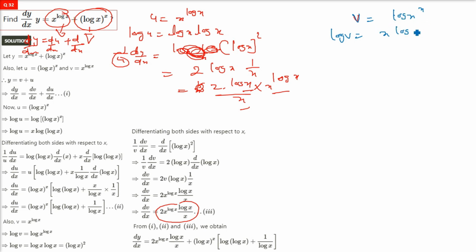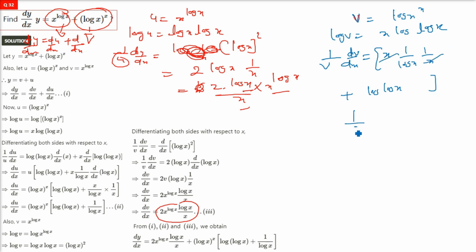This is 1 by v dv by dx is equal to the differentiation of this. So x log of log x will be 1 by log x and log x will be 1 by x. So this x gets cancelled, you have 1 by log x plus log of log x, and differentiation of x will be 1. So what do you get finally? 1 by log x plus log of log x.